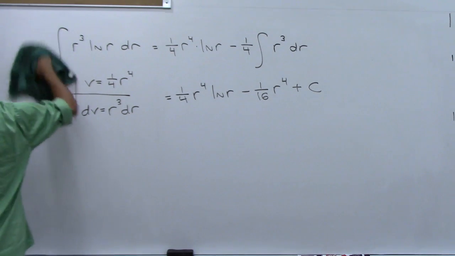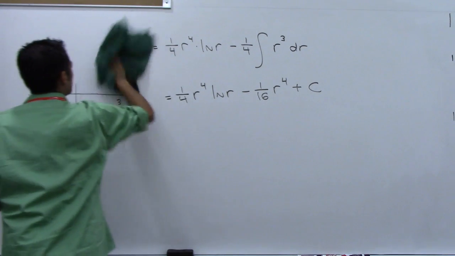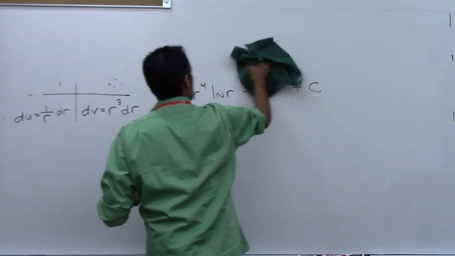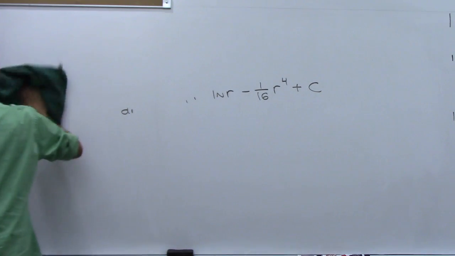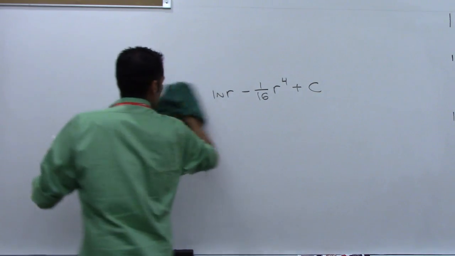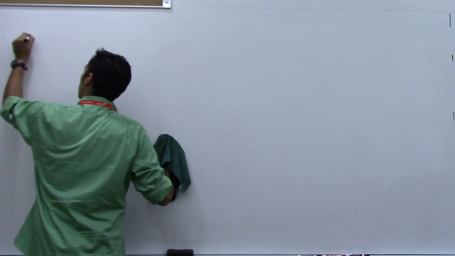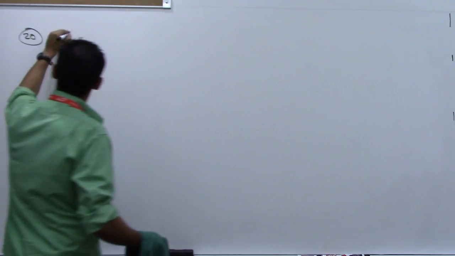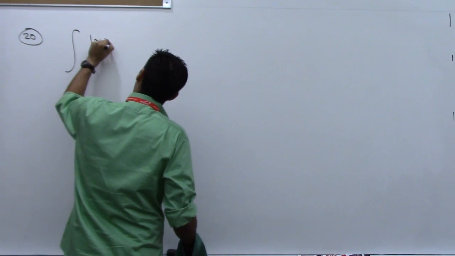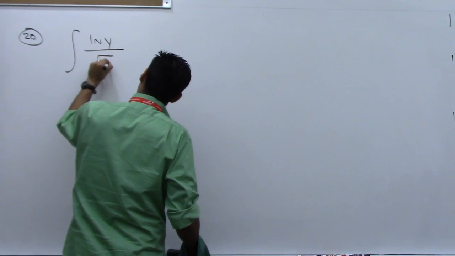Number 20. All right, again, it has numbers. We're going to ignore those. Integral of natural log y over square root y dy.